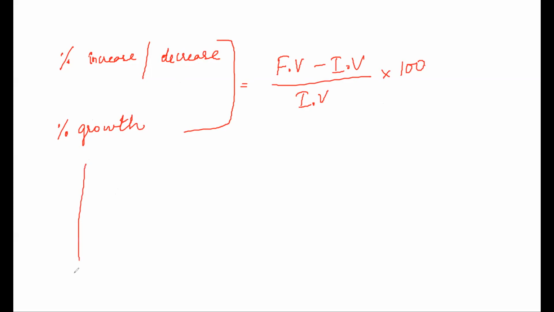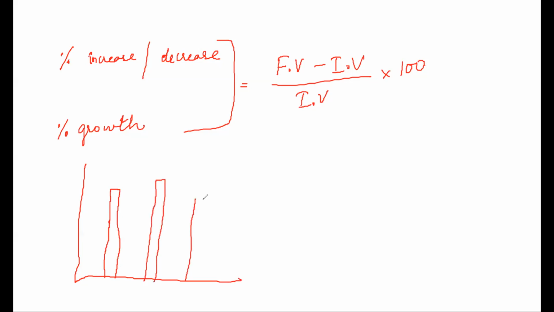Let me take an example. Say a bar graph has been given, and these are sales of a company from the years 2001, 2002, 2003, 2004.